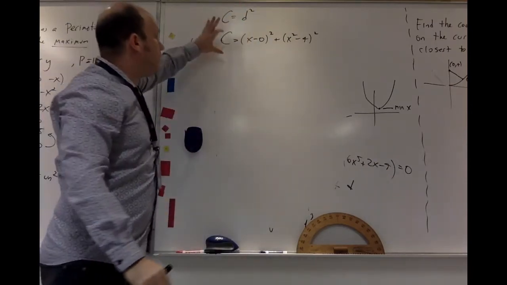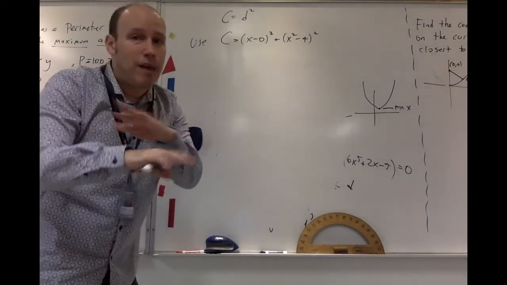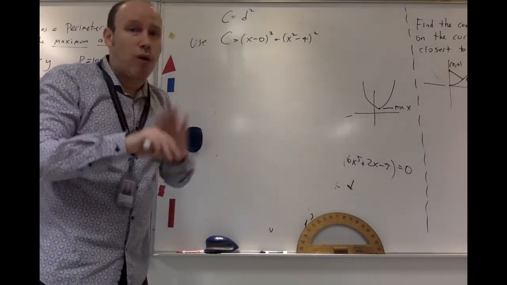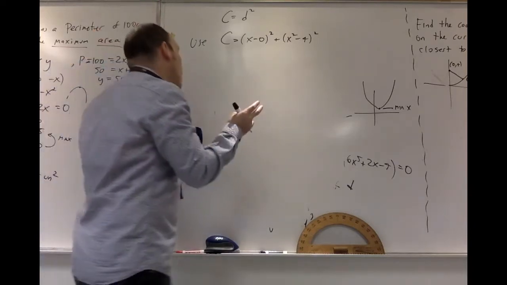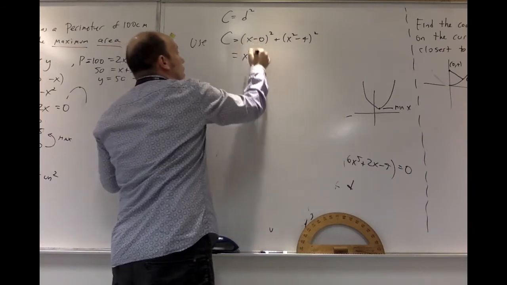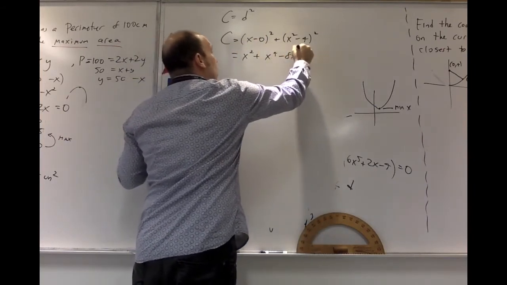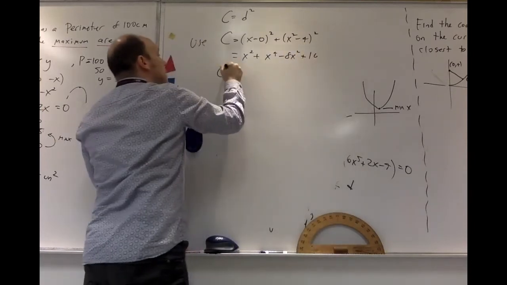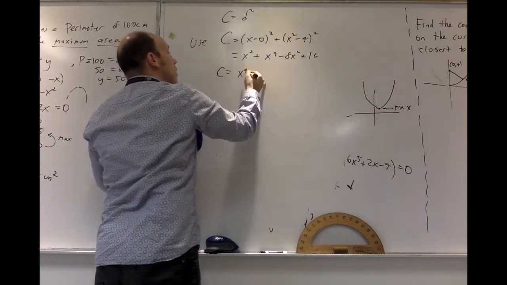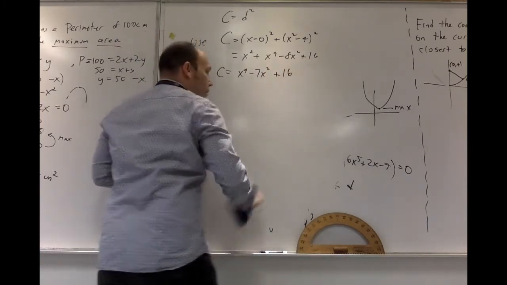I want to maximize c, which is my distance squared. It's not the second derivative. It's just I didn't take the square root. So that's my function. Okay, so this is x squared plus x to the fourth minus 8x squared plus 16. I know that c is equal to x to the fourth minus 7x squared plus 16, right?